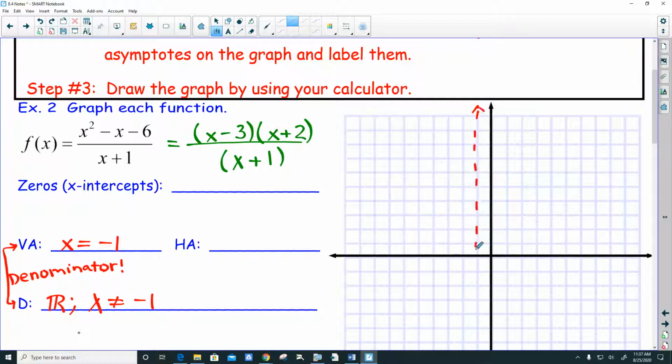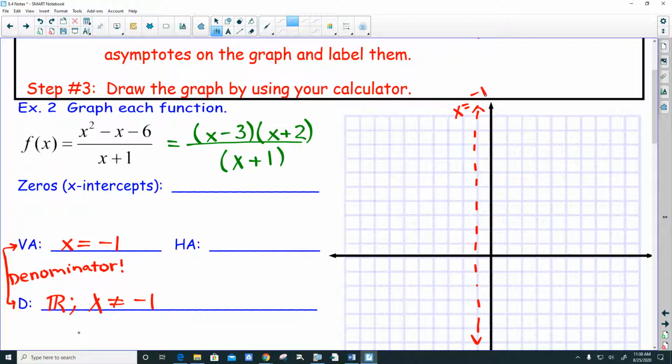So I'm going to come over to my graph. I'm going to go ahead and place a vertical asymptote on the graph at x equals -1, and I've checked off my domain and my vertical asymptote. I would encourage you to do both of those at the same time since they're very, very similar.